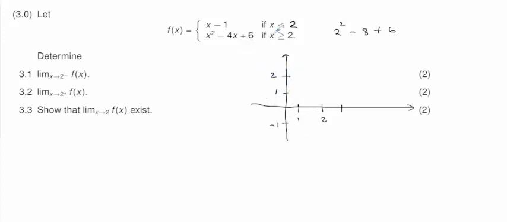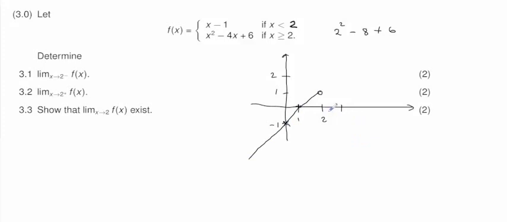Now notice that on the left hand side of 2, this is a straight line which cuts at minus 1 and 1 there, and at 2 this function is not defined, so leave an empty circle there. Then the line roughly will be going like this.